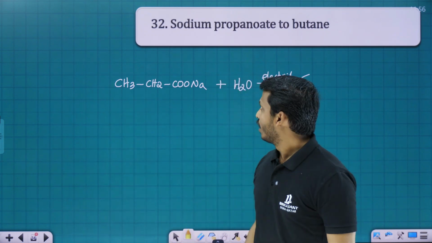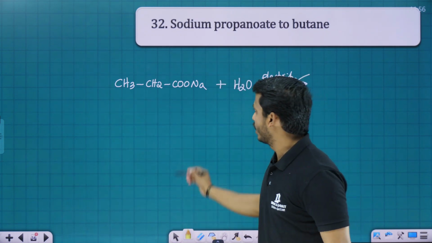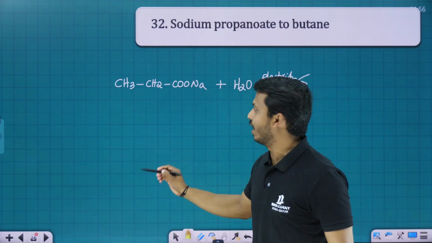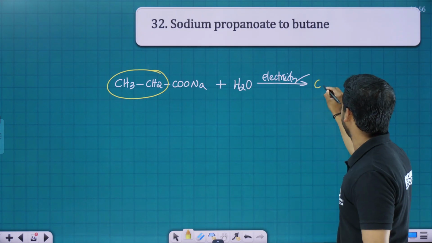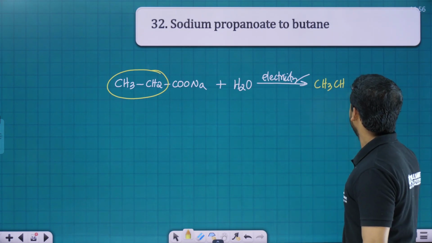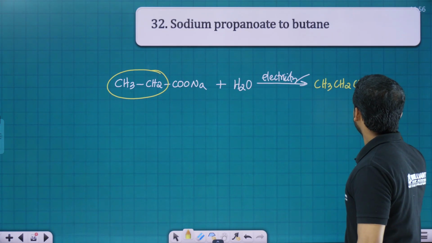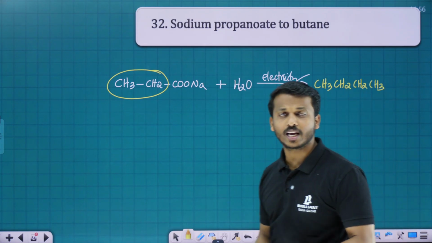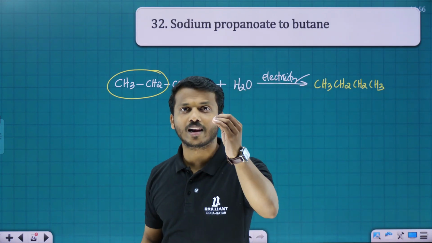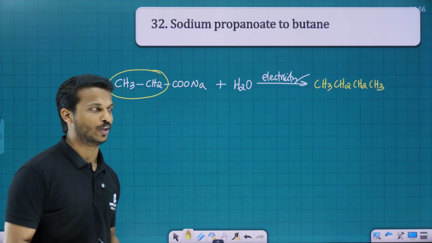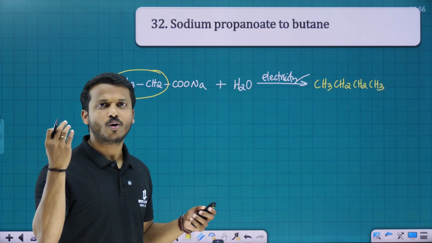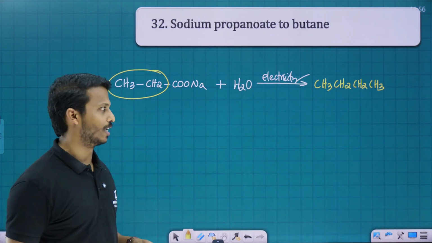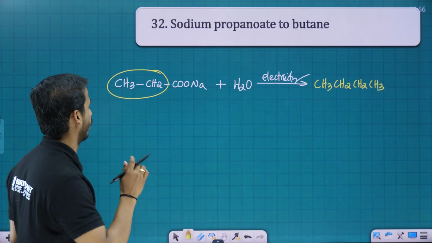That's it. In Kolbe's reaction, just double the alkyl group from the sodium salt. What is the alkyl group here? Ethyl, right? So it becomes butane. And byproducts, you know, NaOH, carbon dioxide, hydrogen gas. So Kolbe's is very important, don't forget.